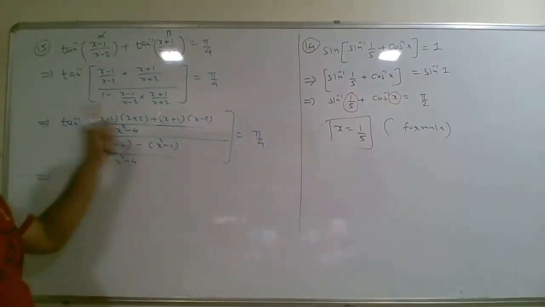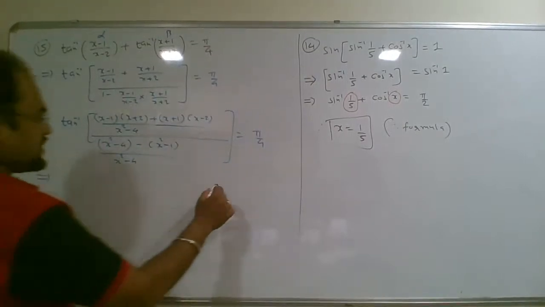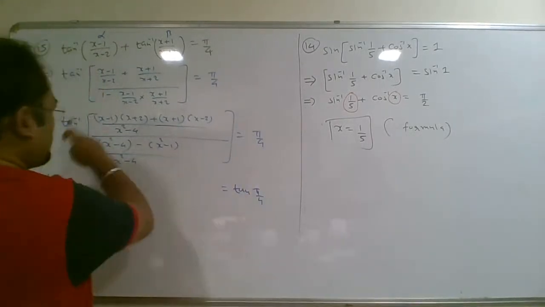Taking tan on the right hand side in the next step, which is equal to tan pi by 4.